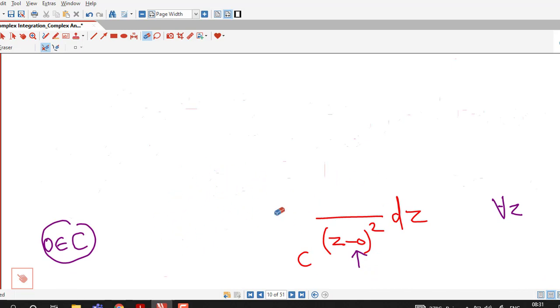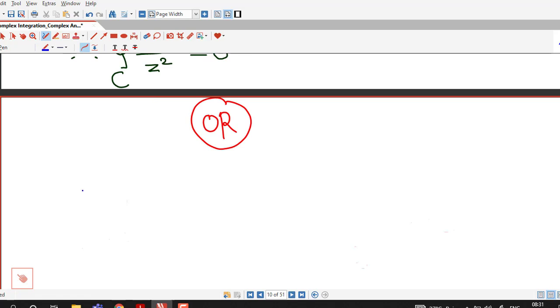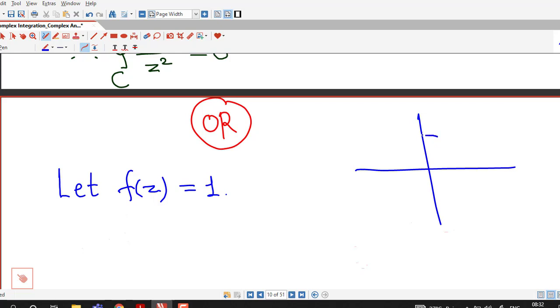So to use Cauchy integral formula, here we will consider f of z equal to 1. Now our contour is a simple closed contour.